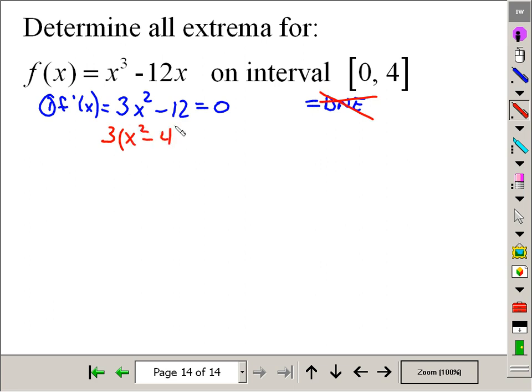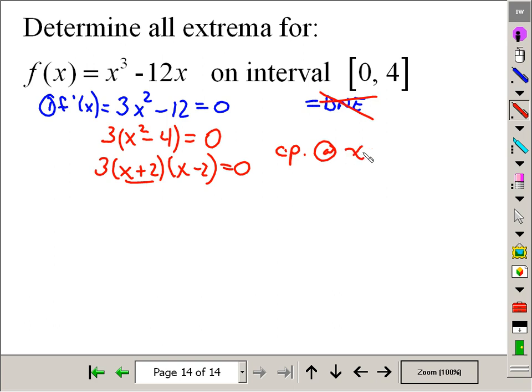Now let's pull a 3 out, and we're left with 3 times x squared minus 4 equals 0. And where does x squared minus 4 equal 0? That's x plus 2 times x minus 2 equals 0. So I have critical points at x equals negative 2 and x equals 2.